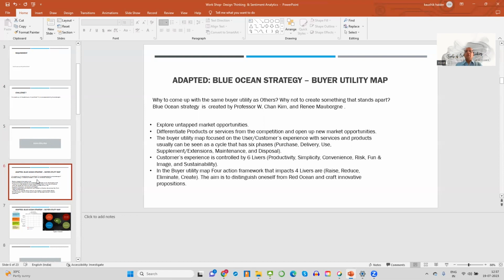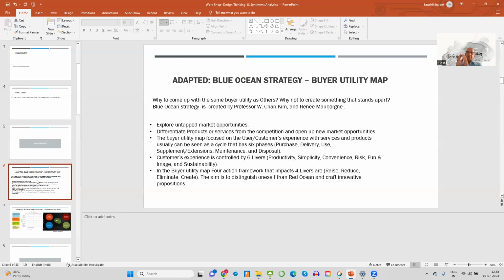Okay. Now the buyer utility map captures the experience of a customer from purchase till disposal of the product or service. It has 6 phases: purchase, delivery, usage of that product or service, supplements or extensions of that product or service, maintenance, and then disposal.